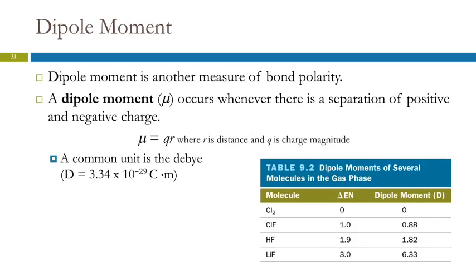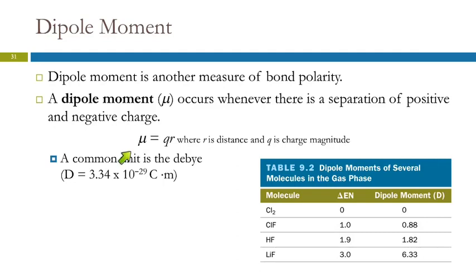Well, we can get more quantitative about this. We can talk about dipole moment. A dipole moment is something that occurs anytime you have a separation of positive and negative charges. They don't like to be separated.